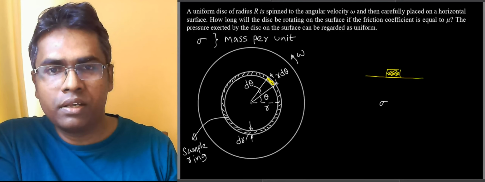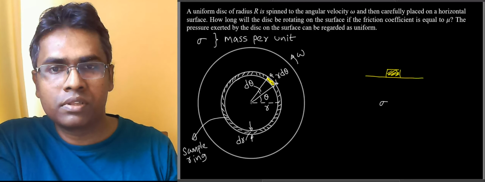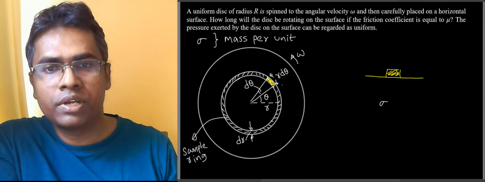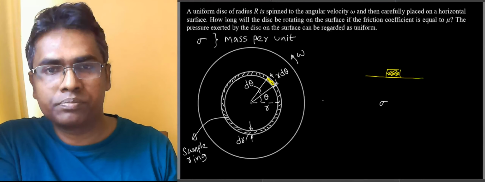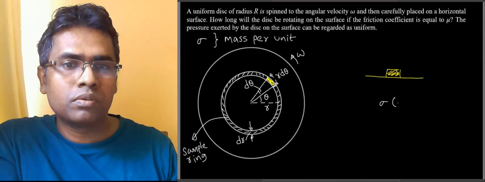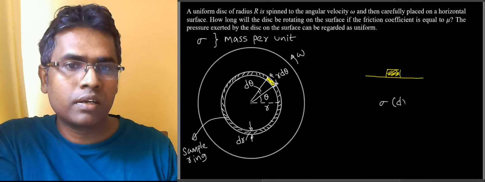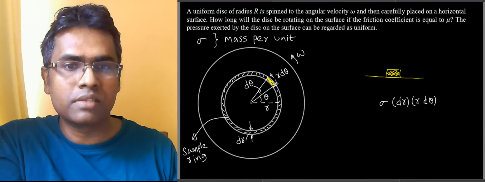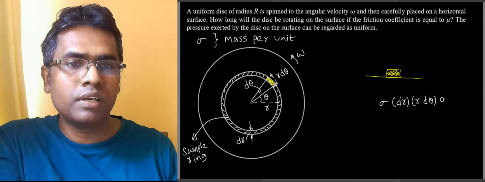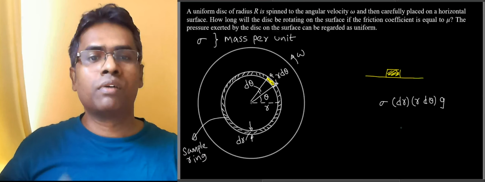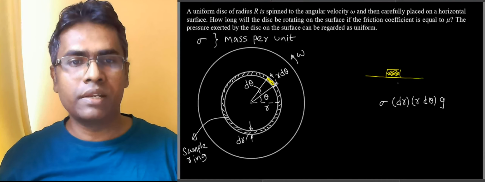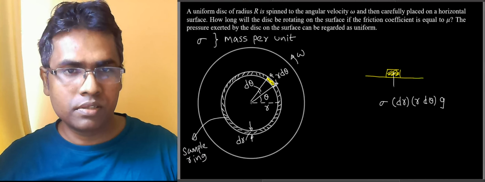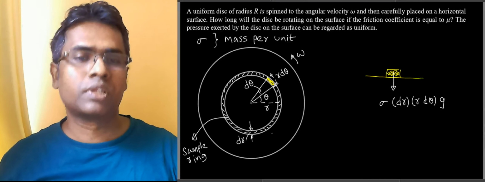It is like a tiny rectangle with sides r d theta and dr, so the area is dr multiplied by r d theta. That is the mass. Now if I multiply by g, I'll get the force applied by the earth on this tiny section, in the downward direction.